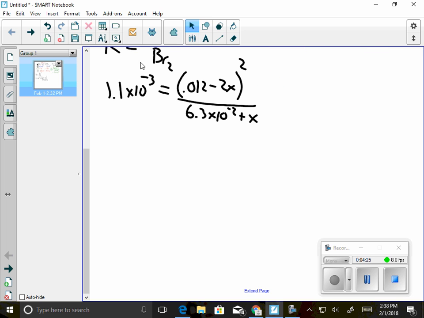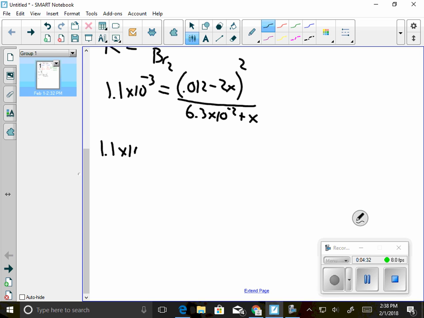This question requires a lot of mathematical work. In order to help out with this, I will simply write down what you would get. But remember, if you are squaring something, you need to square this, you need to square that, but then also you need to multiply these two things and then take it times 2 as well. So simplifying this would give me 1.44 times 10 to the negative fourth. That's the 0.012 squared part.